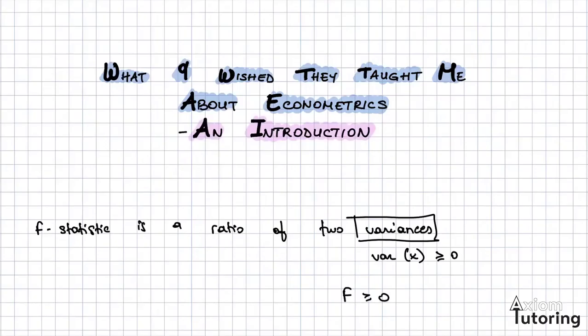Because remember, the F statistic was the ratio of explained variation per regressor to the unexplained variation per degree of freedom. Now, since the F statistic can never be negative, its distribution is going to start at 0 and it also has a long right tail.